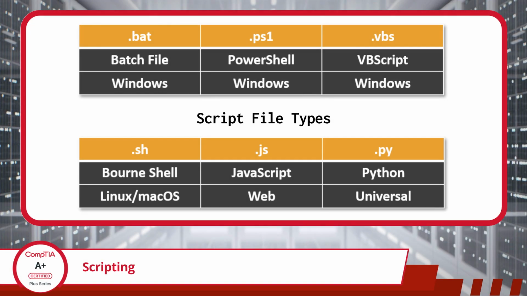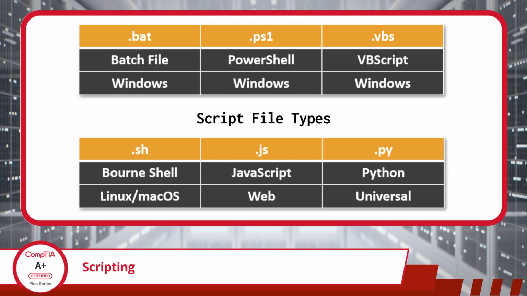Of course, scripts come in many shapes and sizes, tailored to different operating systems and environments. Windows users will recognize .bat files, perfect for simple command line tasks, or .ps1 files, a PowerShell favorite for managing configurations and gathering data. If you've worked with older systems, you might have encountered .vbs files, though their popularity has decreased over time.